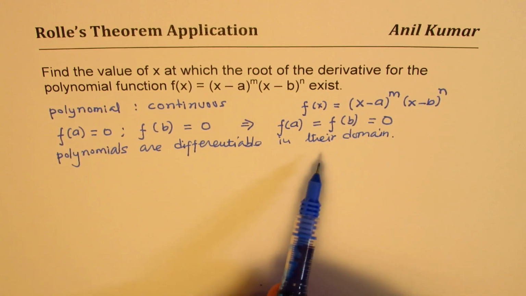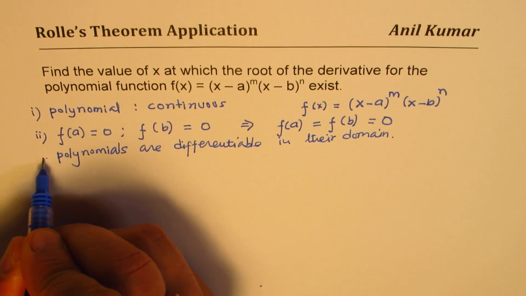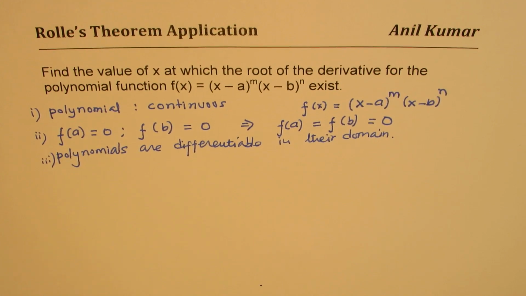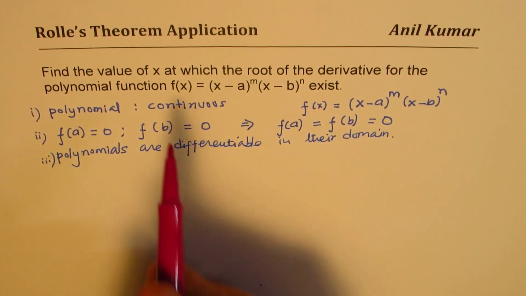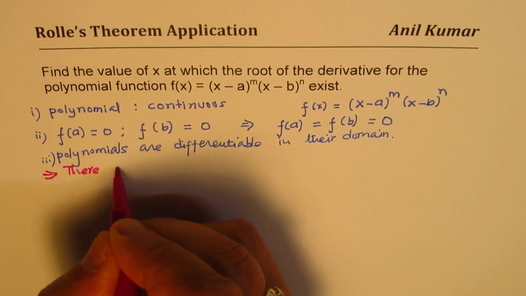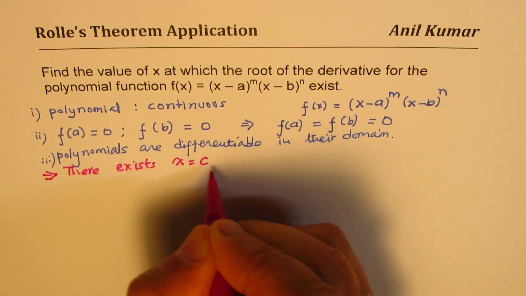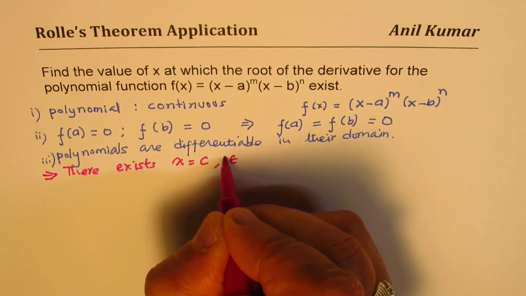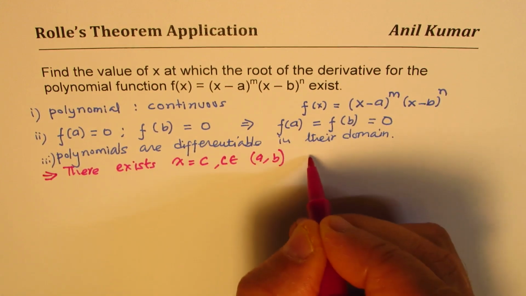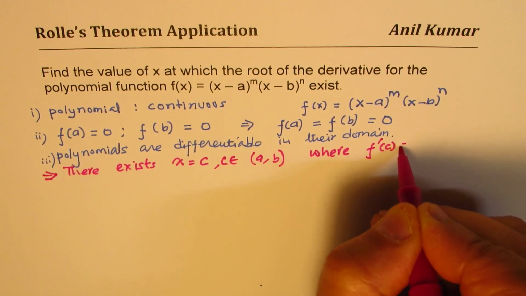So that satisfies the 3 conditions for a function where the Rolle's theorem can be applied, correct? So that means there exists x equals c, where c belongs to the open interval from a to b, right? Where f dash c is equal to 0.